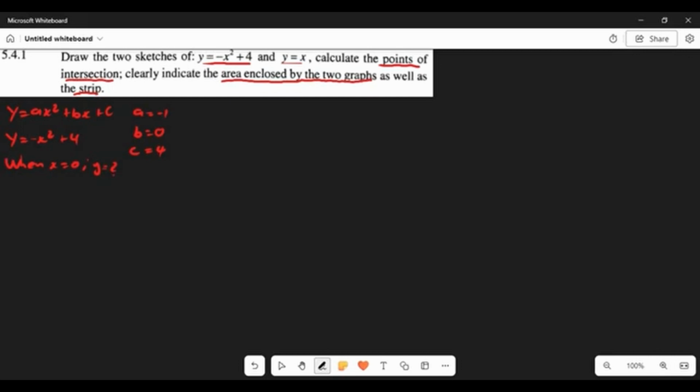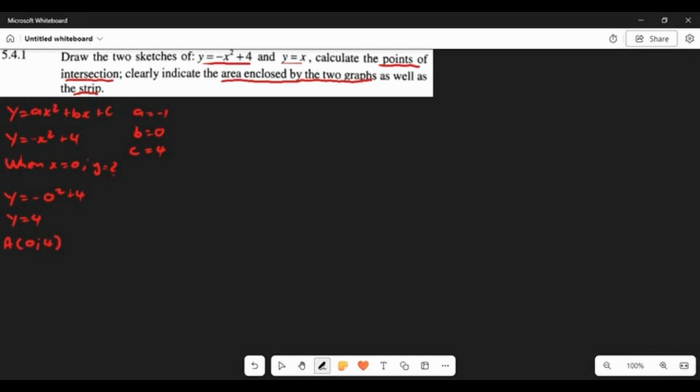So from the original equation that is given to us in the statement, we can say y equals negative 0 squared plus 4. Remember, wherever there is x, we substitute with 0. So meaning y equals 4. We can say this is point A. When x is 0, y is going to be positive 4. Then we are done. Then we continue.